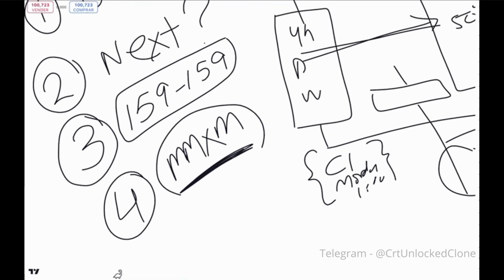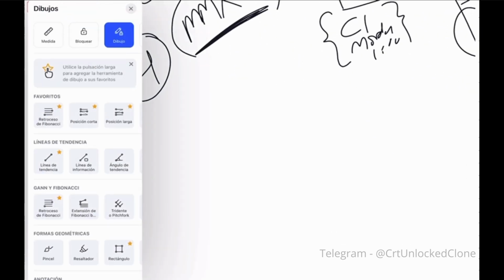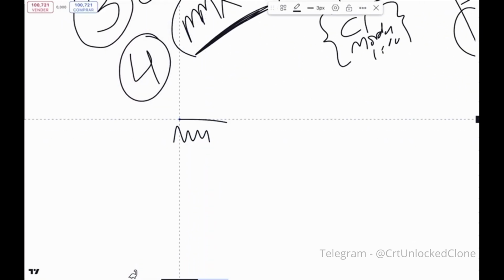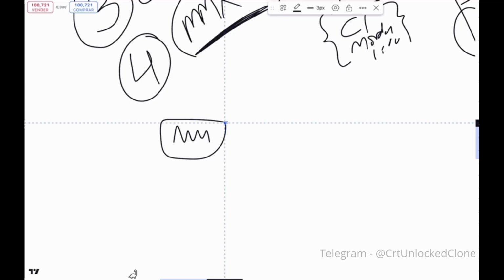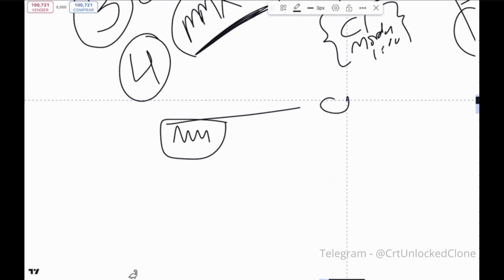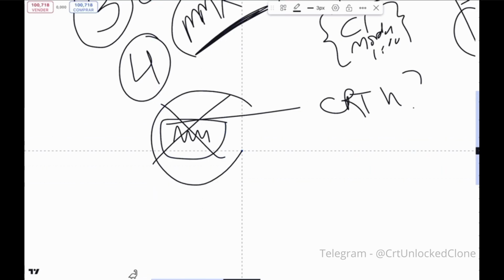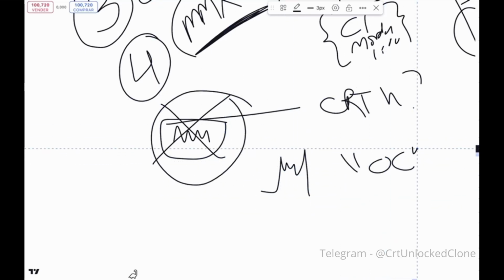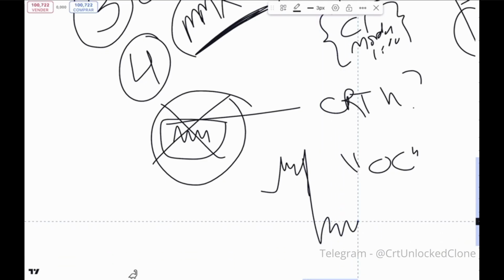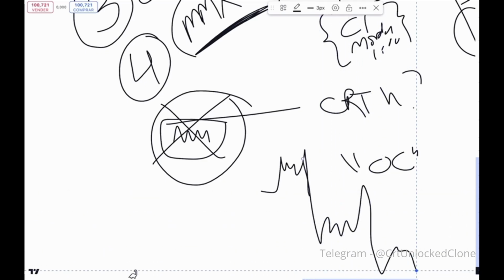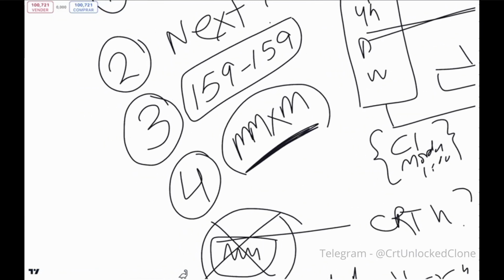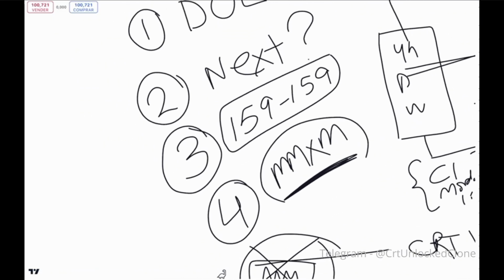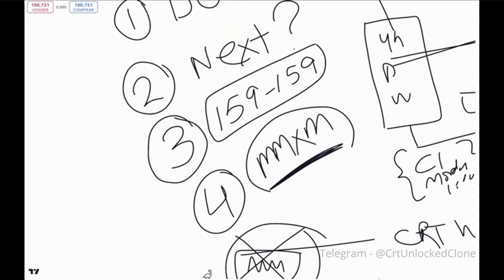So instead of marking random original consolidations, any random consolidation you see, you're going to see, is this a previous candle's high, CRT high, or not? If not, then it doesn't matter. You look for another original consolidation, quote unquote, which is simply a previous candle's high or low, right? So this is how CRT is an improvement to all ICT concepts.